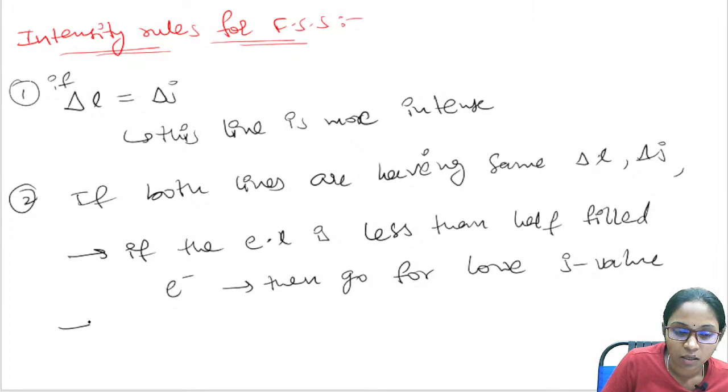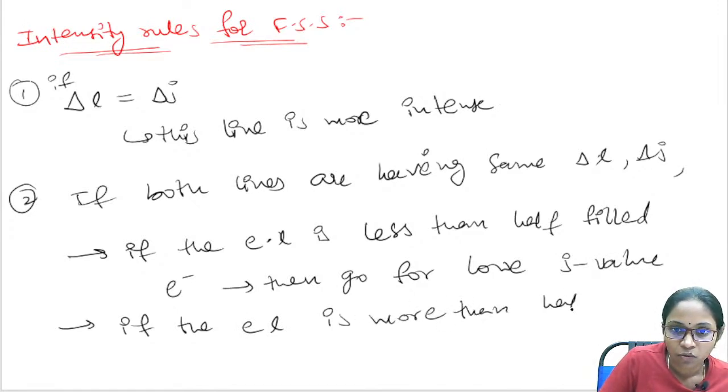If the energy level is more than half filled, then go for the higher J value.